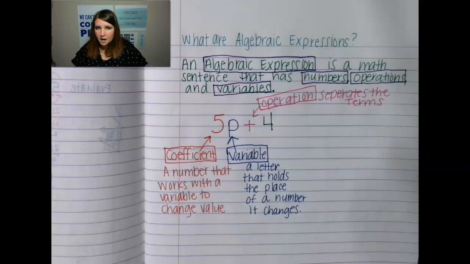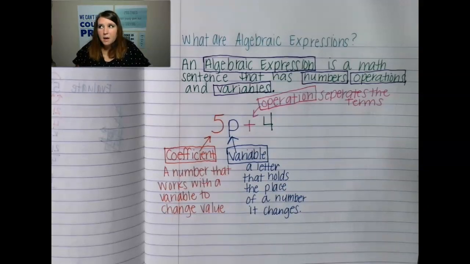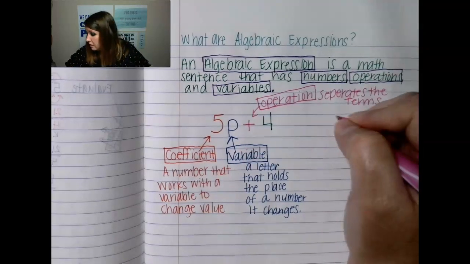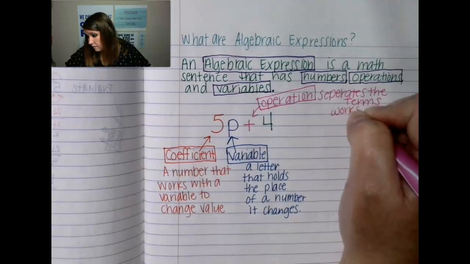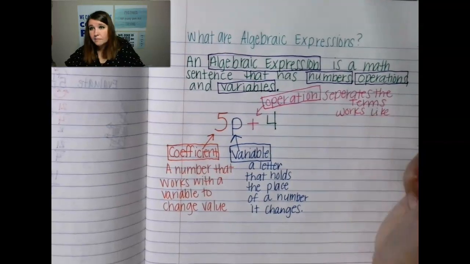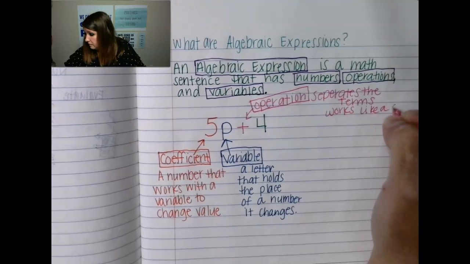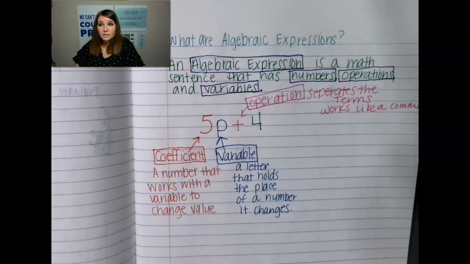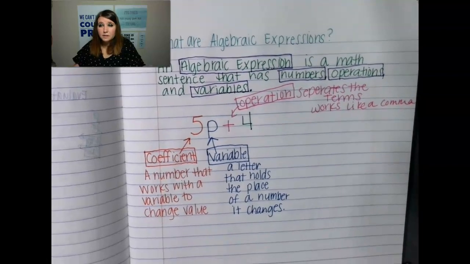It works like a comma. Like in regular sentences, in language arts, you would use a comma to separate important parts of a sentence. This kind of works like a comma. I know, language arts and math, weird.